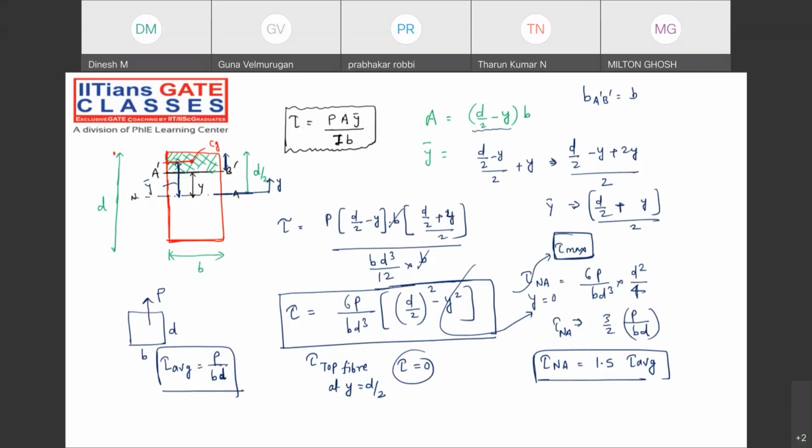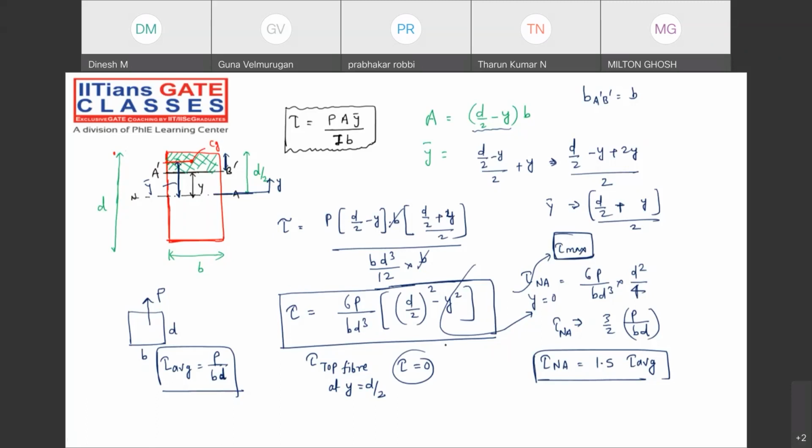Once it is done, please let me know. Done, all of you? So we'll try to draw the diagram of shear stress distribution and how the tau is varying with the y parabolically.